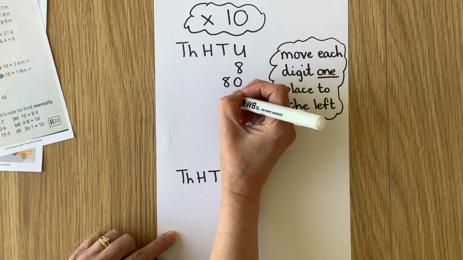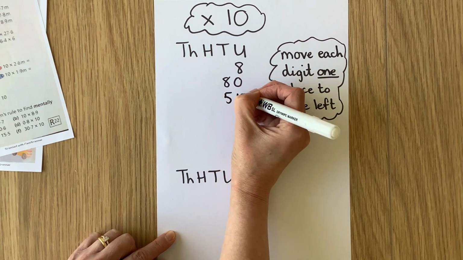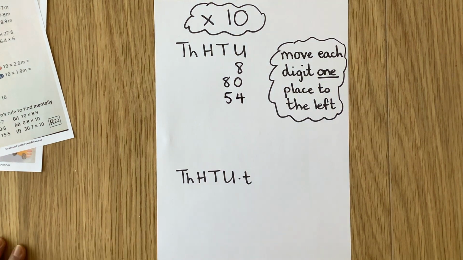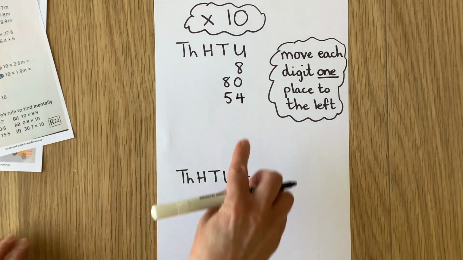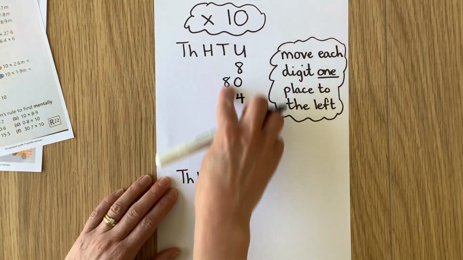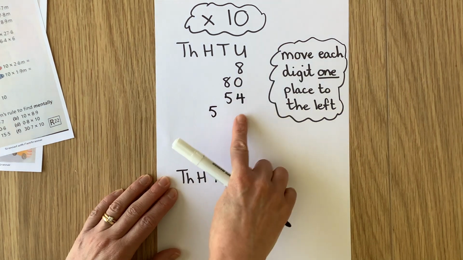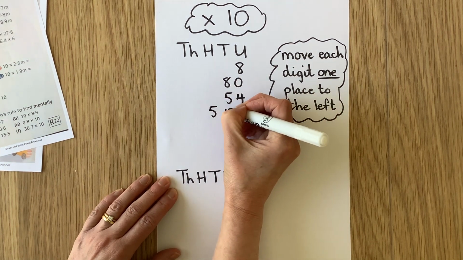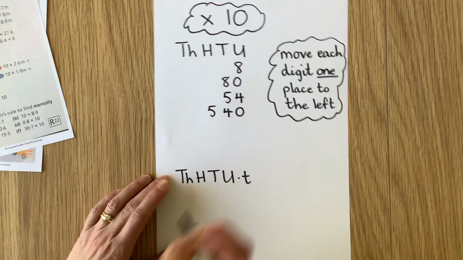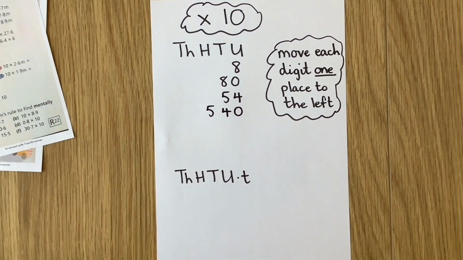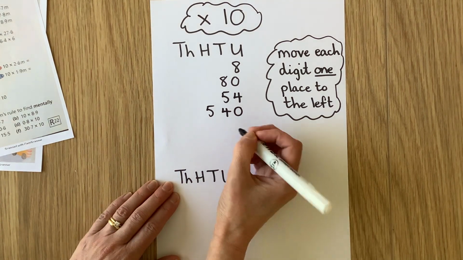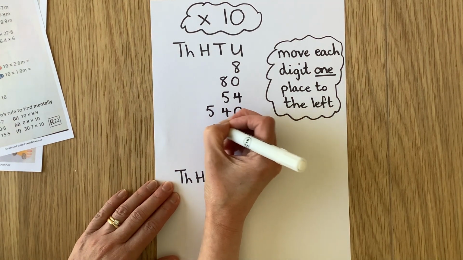So the 8 became 80. The 8 moved across and we put in a 0. What if I took a number like 54 and I said to you, what's 54 times 10? Well, we would take the 5, move it from the tens into the hundreds. The 4 moves from the units into the tens. Put a 0 in the empty space. So what's 54 times 10? It's 540. Let's do one more. What if I had hundreds, tens and units numbers?